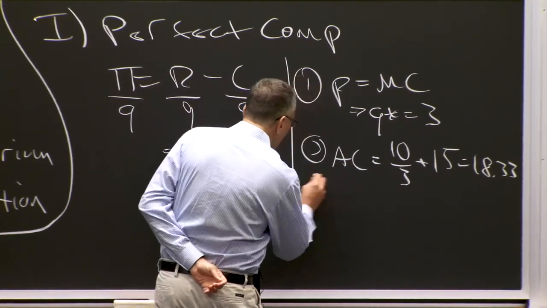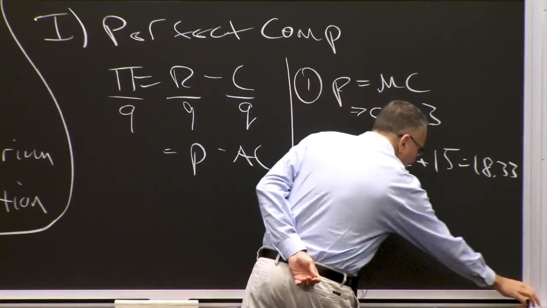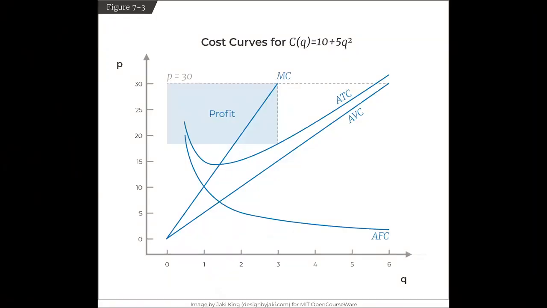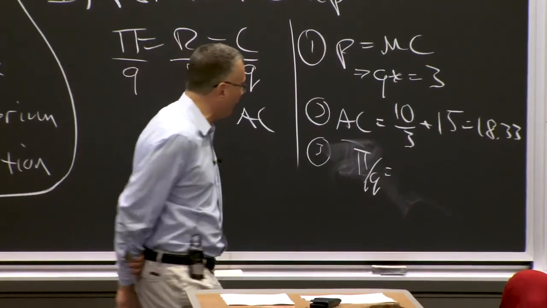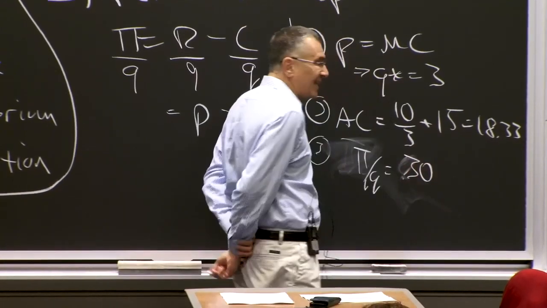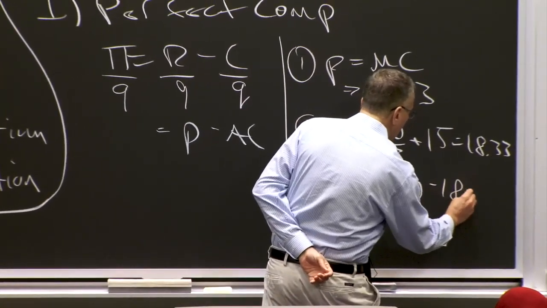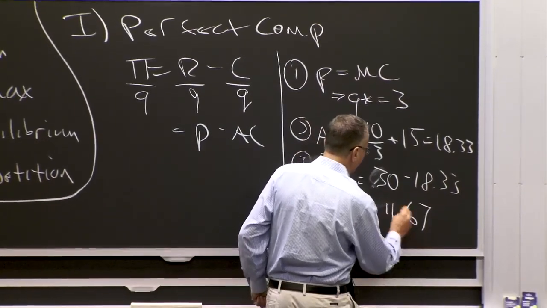That means the profits on the third unit, the profits per unit, are the price, which is a fixed level of 30, minus the average cost, which is 18.33. So profits per unit equals 11.67.